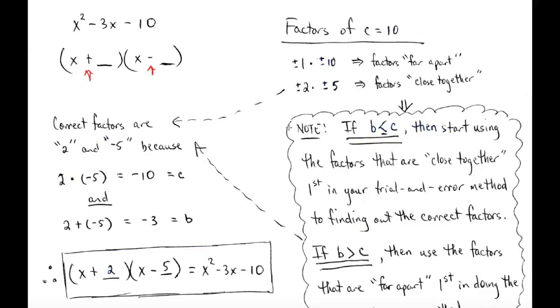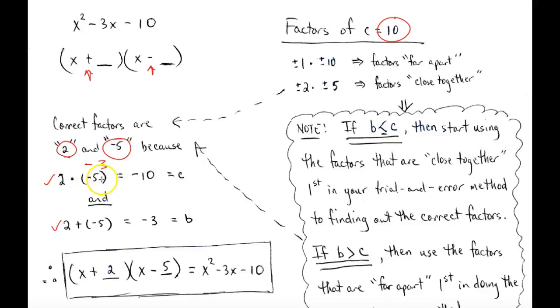The reason for that is we're looking for the factors of 10. So we're looking for what times what is 10 that also adds up to be a negative 3. If we look at all those situations here, we see that if we took 2 and added it to negative 5, the result would be a negative 3. And so that's what I'm trying to show here and here.